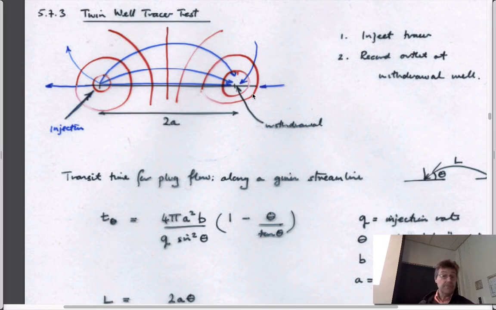And you can see it here: if you think about injecting fluid here and recovering fluid here, this is just a plan view of two wells. You inject water with some salt or some tracer in it from the upstream, and it travels to the downstream locations.